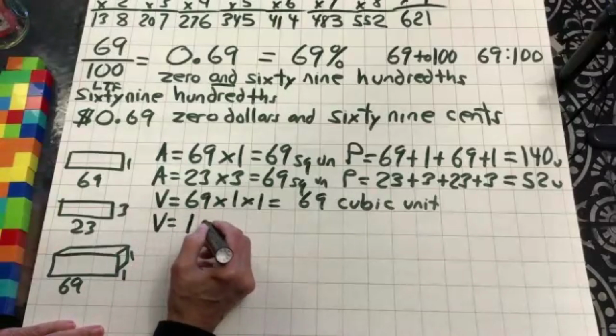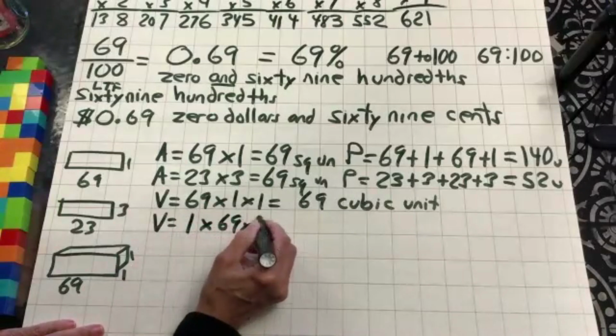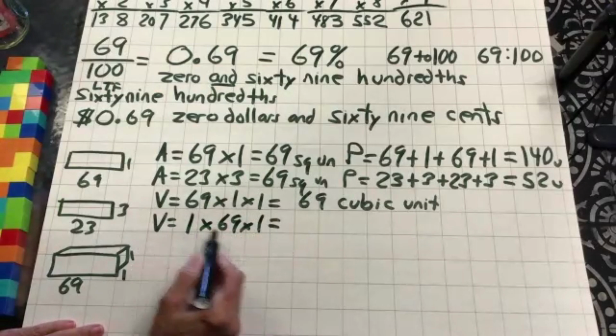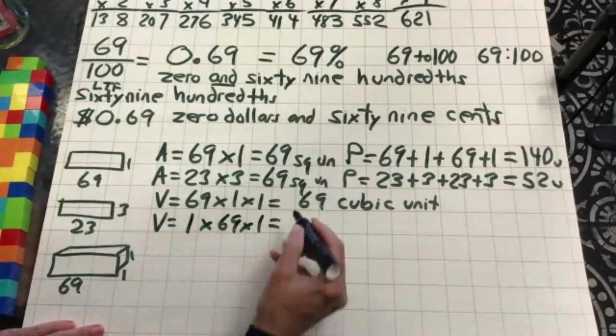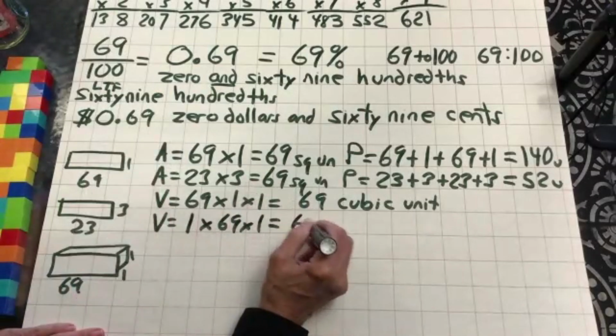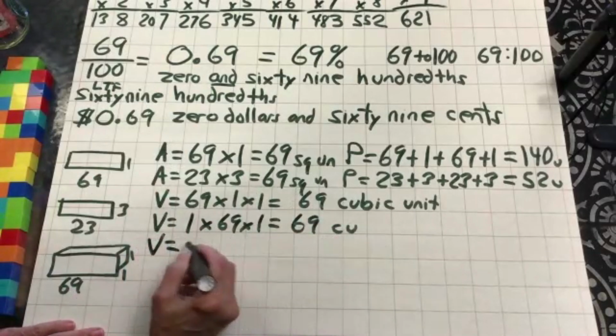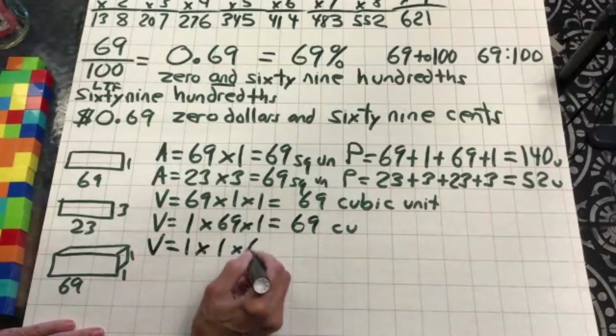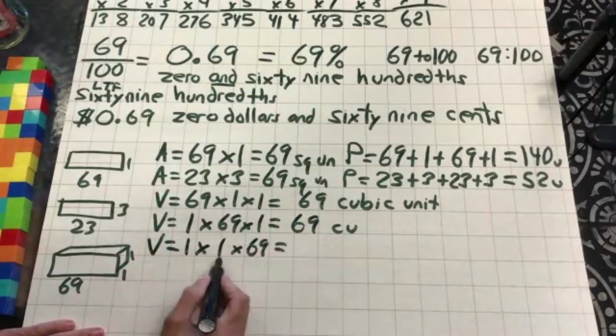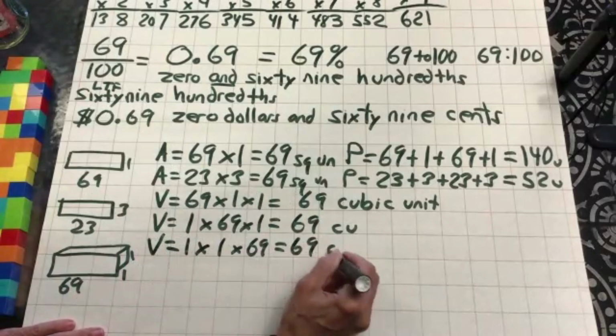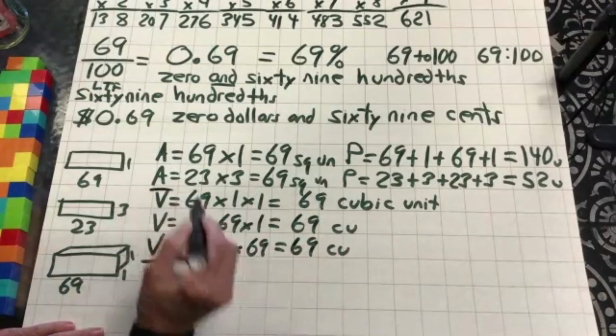So it would be a 1 by 69 by 1. So that'd be 1 wide by 69 deep by 1 tall. So we're just turning it. And another way to write that would be a 1 by 1 by 69. So that would be 1 wide by 1 deep by 69 tall. And those are the 3 ways we can write that.